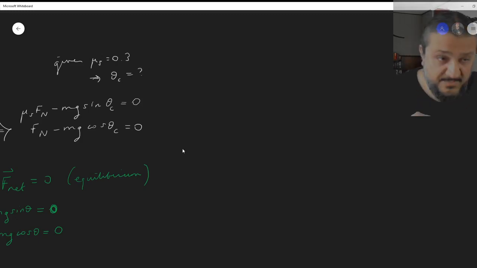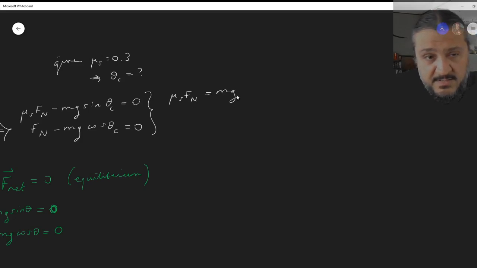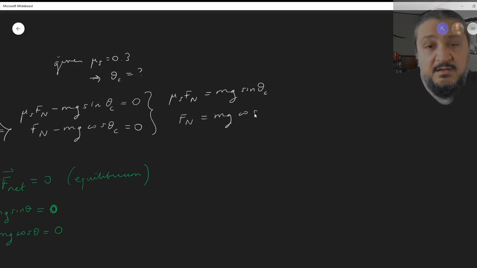We don't know m, we don't know Fn, but no problem, we can get rid of them. How? Well, let's rewrite this equation as mu s Fn equals mg sine theta c, and Fn equals mg cosine theta c.